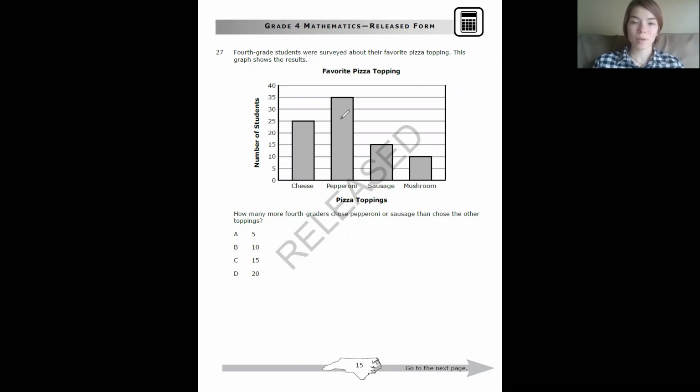Okay, so we want to know how many more people fell into the categories of pepperoni or sausage than cheese and mushroom. So to do that, we need to figure out first how many people had pepperoni or sausage. To figure out how many had either or, we need to add together the number who had pepperoni to the number who had sausage. The number who had pepperoni, if we look over to this side of the histogram, we see is a 35.